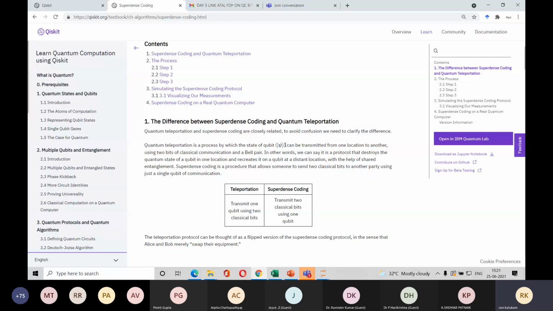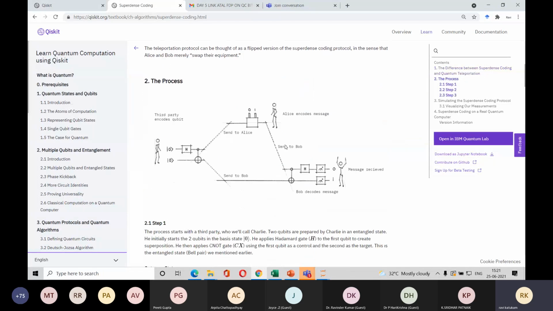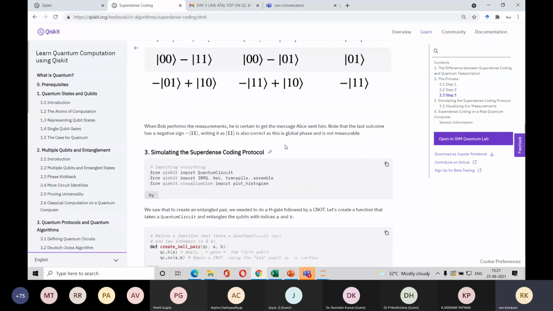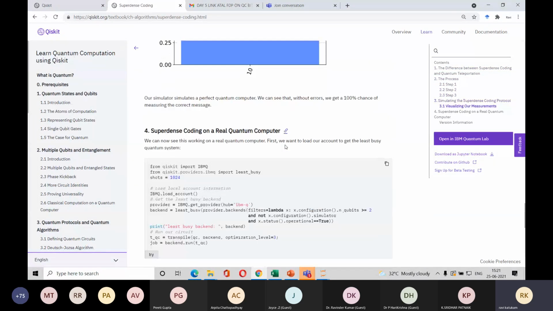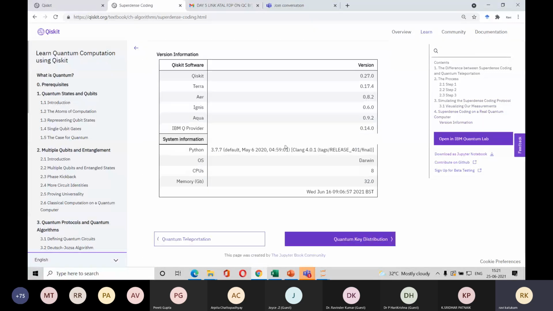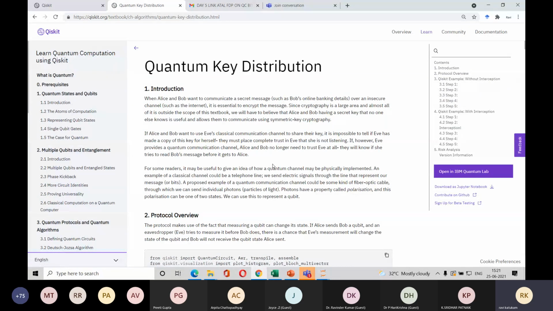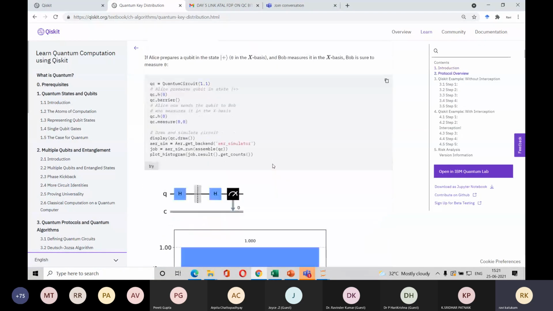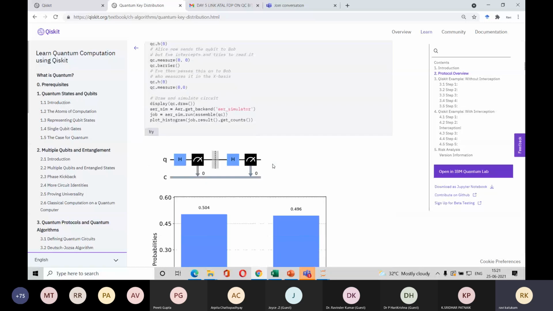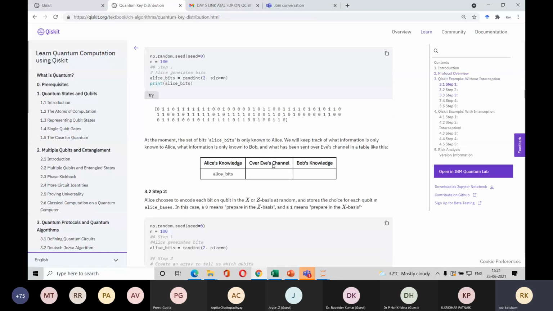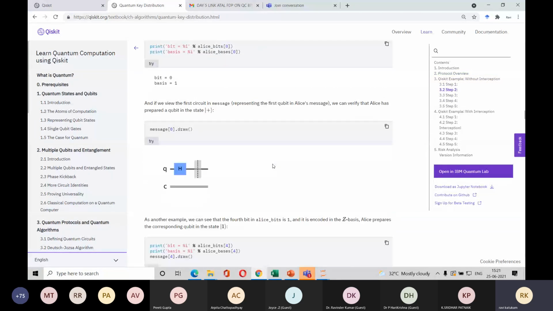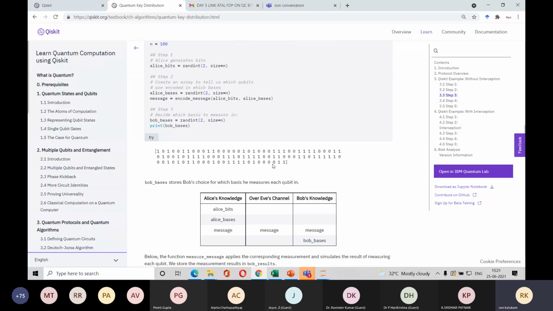You have examples for both teleportation and super dense coding here. I'm not running that. If you are interested, just go through these entire steps. Then you have quantum key distribution, QKD, as people popularly call it. It has a lot of applications in cryptography. I'm not venturing into much of these details because I'm not an expert in the communication part.